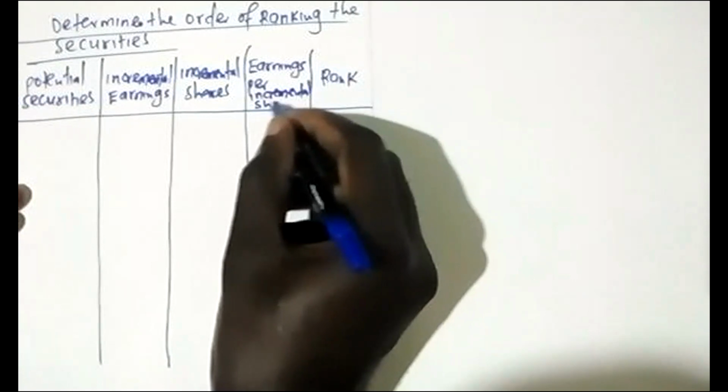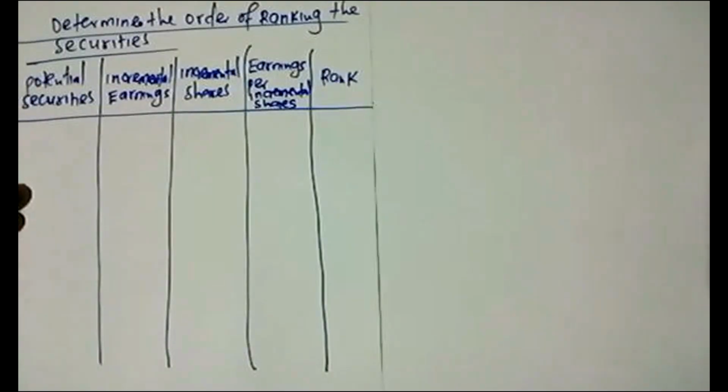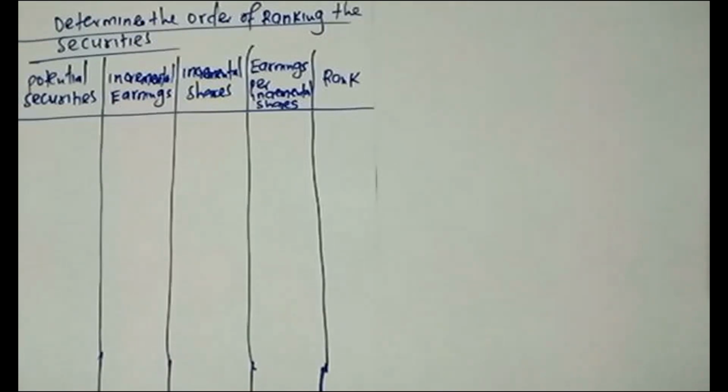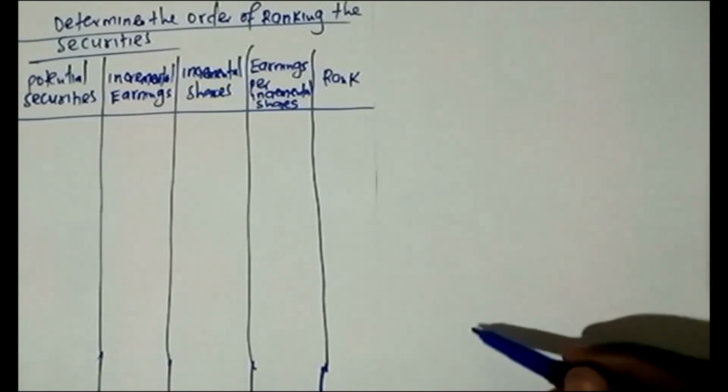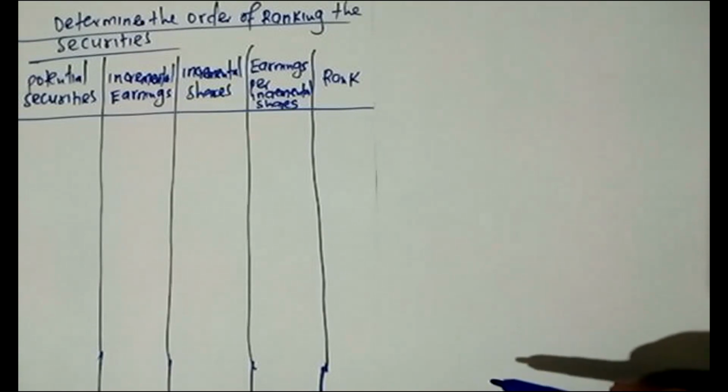Earnings per incremental shares. So that is the case. So I'm going to explain where we have the incremental earnings column and incremental shares. So let's say, for example, you are dealing with convertible loan notes.